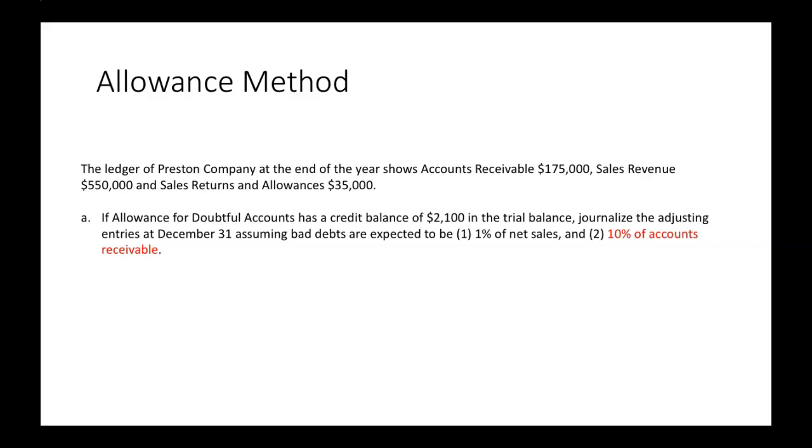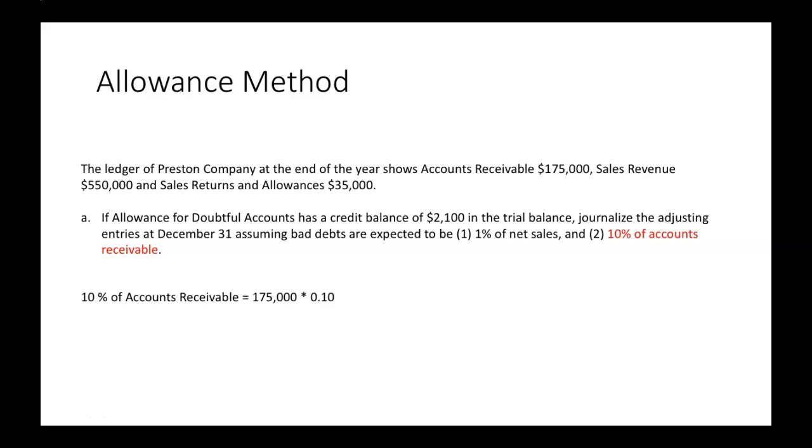Now, let's work on the percentage of receivables. Right? So what this is saying is that 10% of our accounts receivable will be uncollectible. So once again, we're going to need to figure out what 10% of our accounts receivable are. So we take our accounts receivable balance that we were given up above of $175,000.